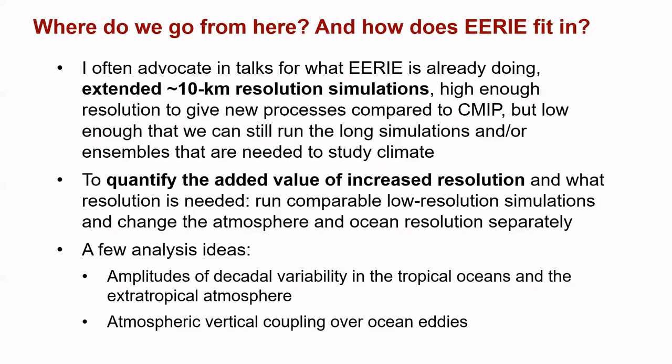And a few analysis ideas coming from what I showed in the talk: looking at the amplitudes of decadal variability in the tropical oceans and extratropical atmosphere could be promising in control simulations, and this vertical coupling over ocean eddies, when you have the advantage of resolving the ocean mesoscale as well, could be really interesting to look into, given the implications from the work I showed in the second part. So thanks.